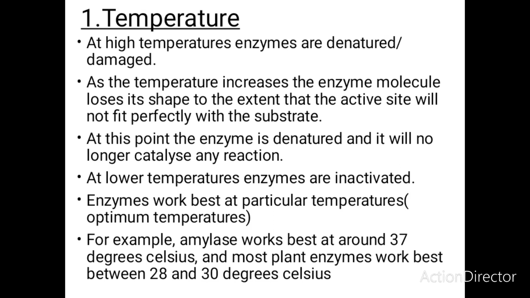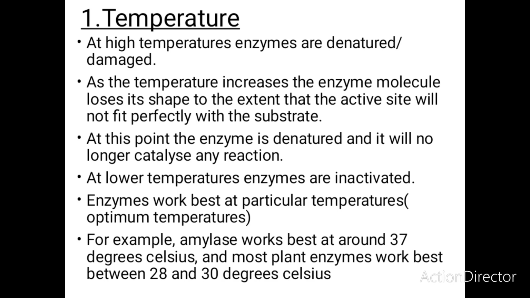So enzymes work best at particular temperatures, and these temperatures are different. So the temperature at which an enzyme works best is known as its optimum temperature. For example, amylase works best at around 37 degrees Celsius.